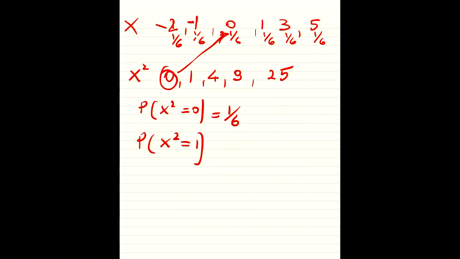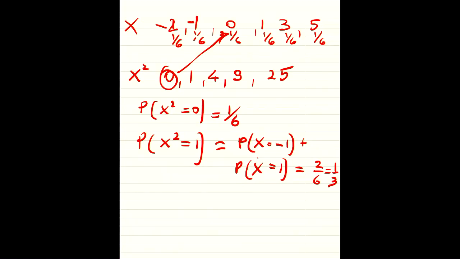Probability of x equal to -1 plus probability of x equal to 1. Exactly. Either it is -1 or it is 1. Because when I square 1, I get 1. You see, if I square -1, I get 1. And so this is going to be 2/6, or 1/3.